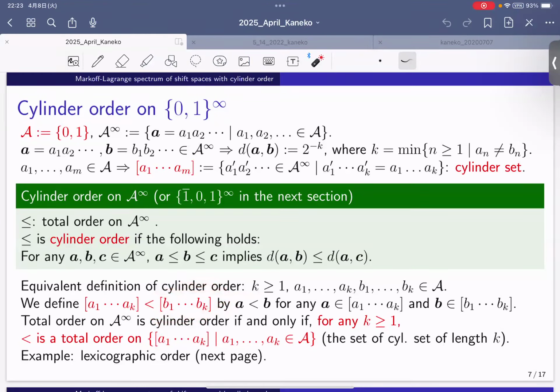And a total order on this set is a cylinder order if and only if, for any positive k, this one is a total order on the set of cylinder sets of length k. So I would like to talk about the examples in the next page.